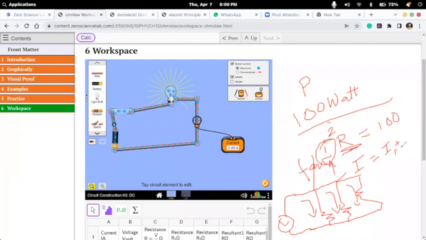Now remember, I is equal to I1 plus I2 plus I3, right? Yes, sir. So now I connect a fuse here.